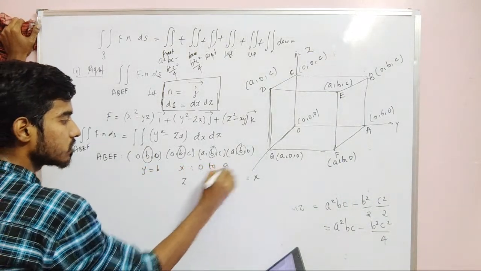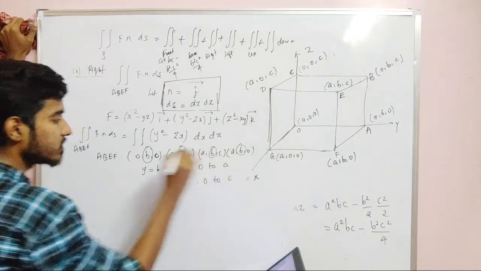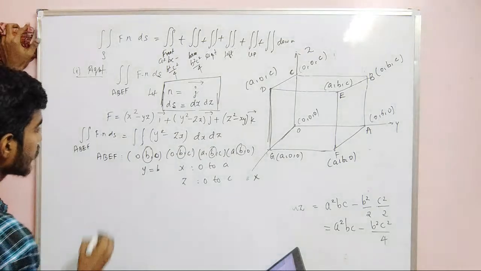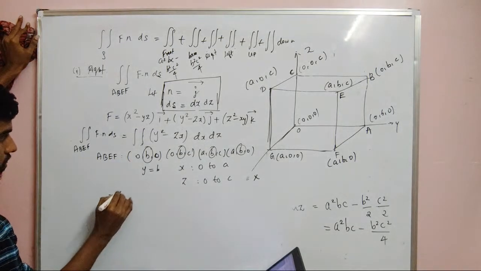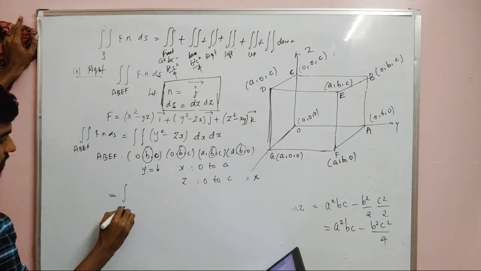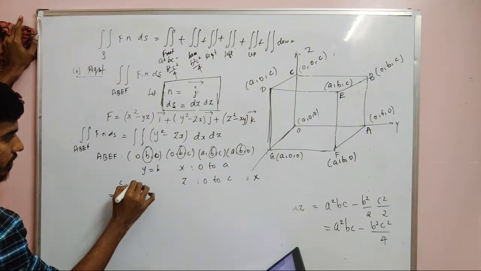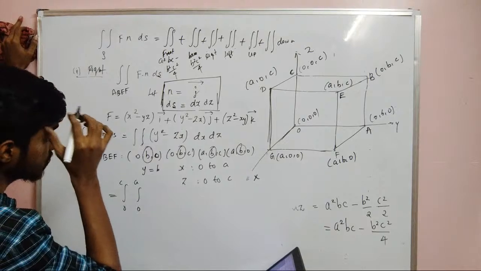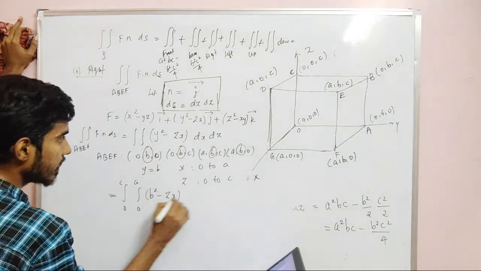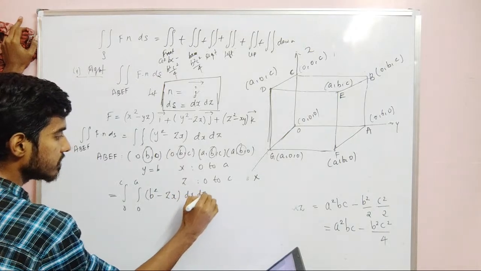So x varies from 0 to a, z varies from 0 to c. So this value will be integral 0 to c, integral 0 to a, of y square, which is b square, minus zx dx dz.